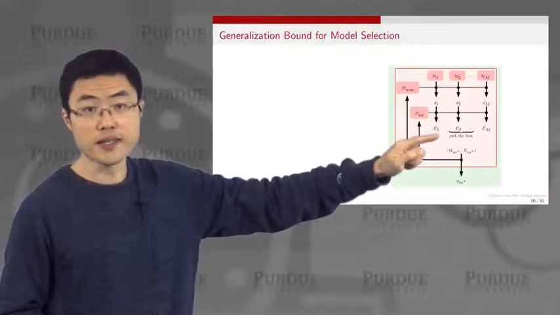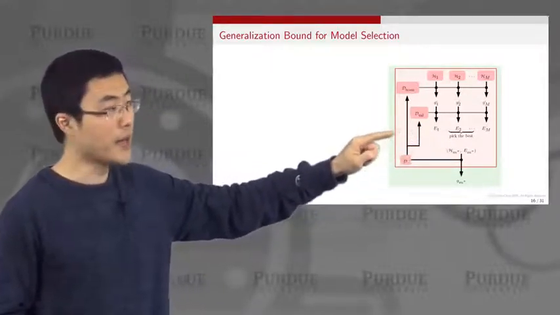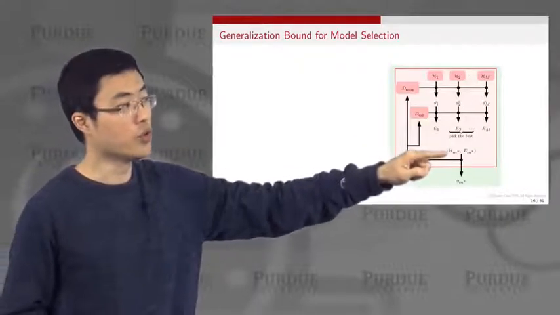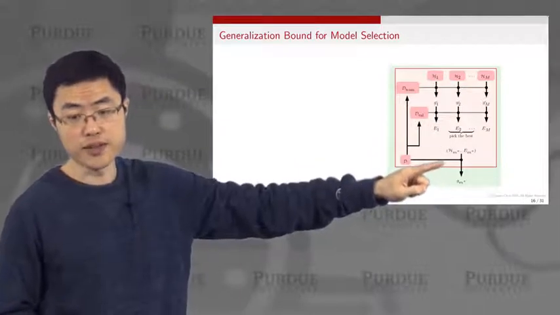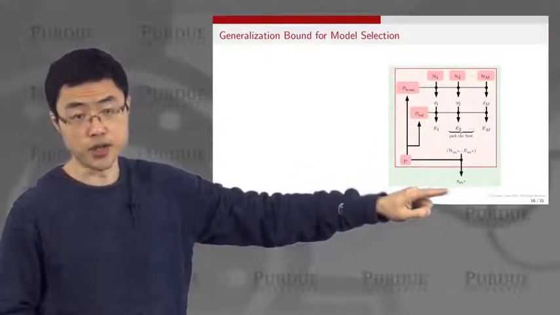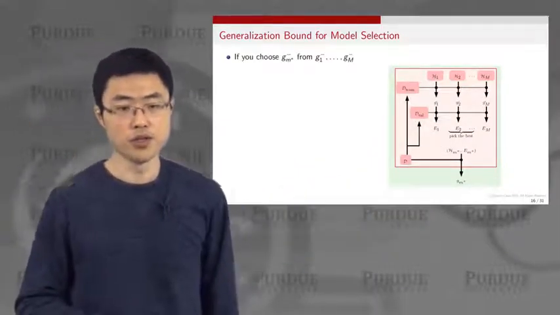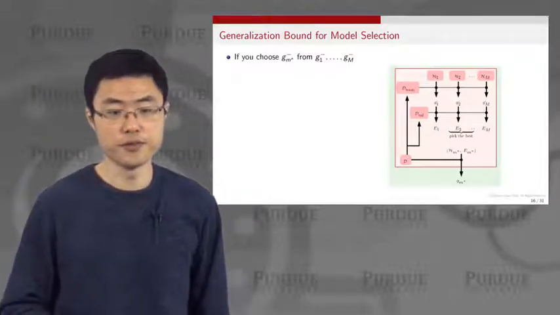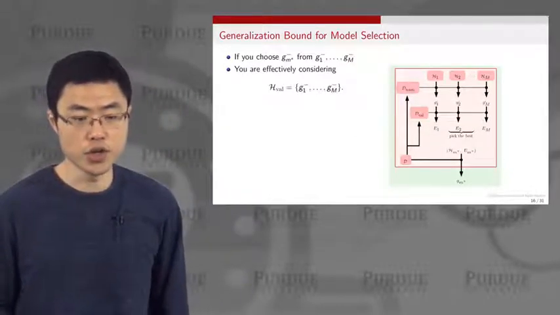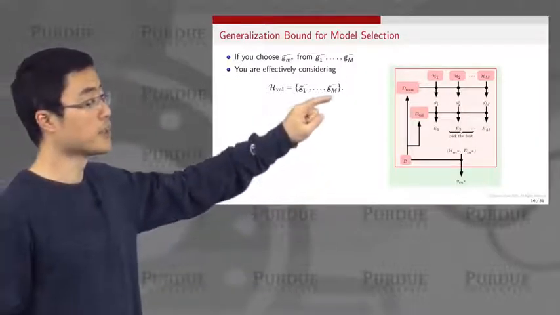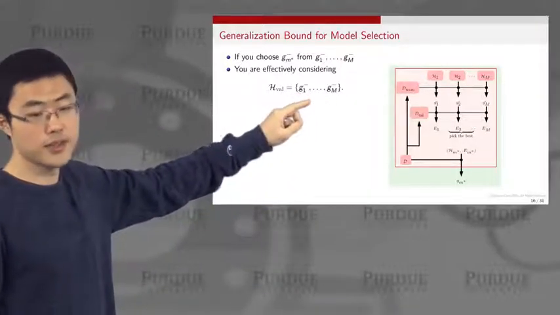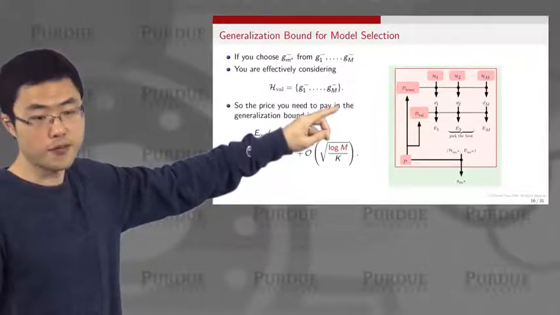Then once you pick the best, what do you do? Well, you go back to the D, choose the correct hypothesis set, and retrain everything to report you the GM star. If you choose GM star from all these M choices, then you're effectively considering a hypothesis set consisting of all these M different hypotheses.